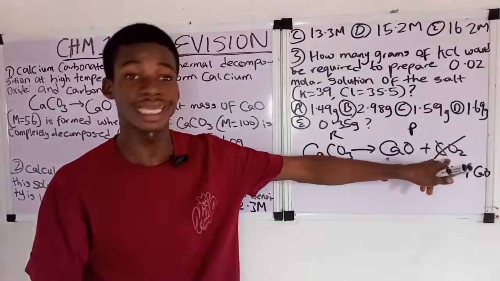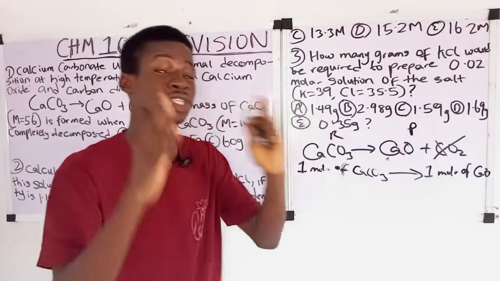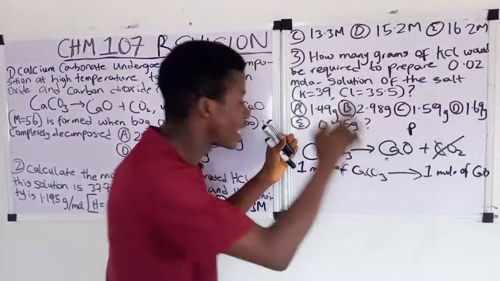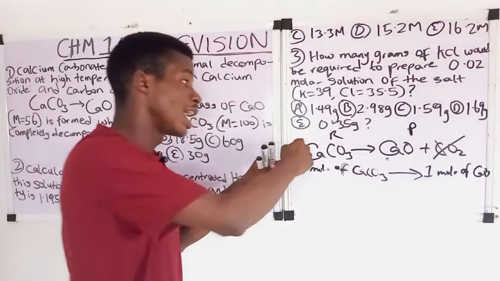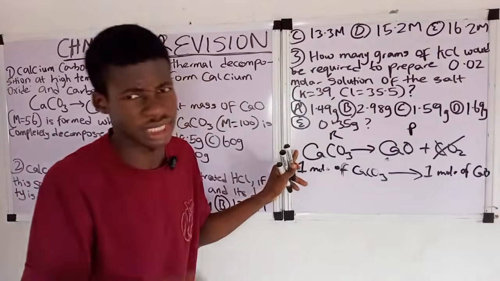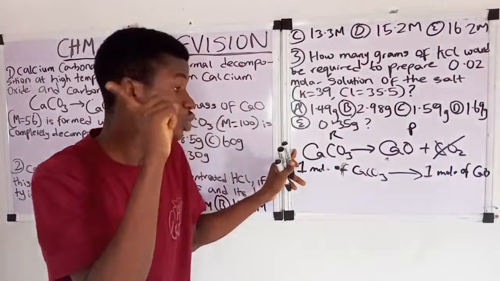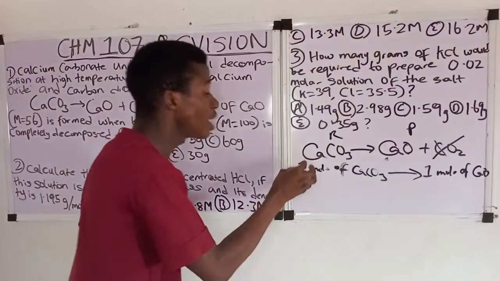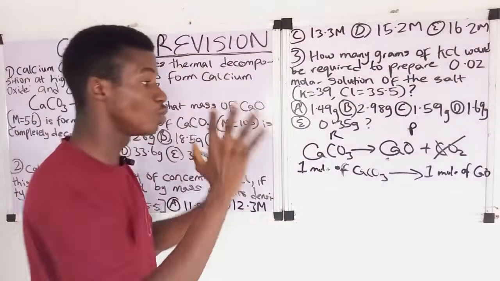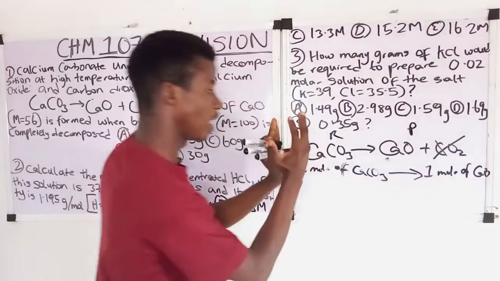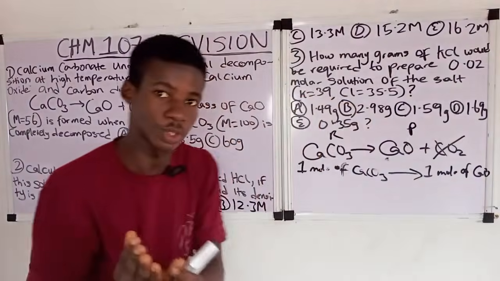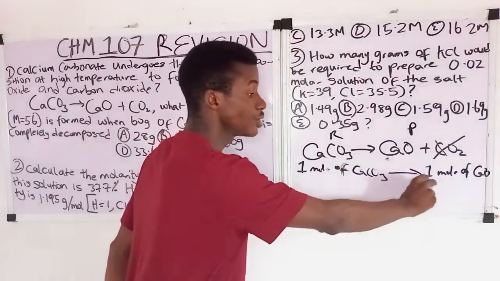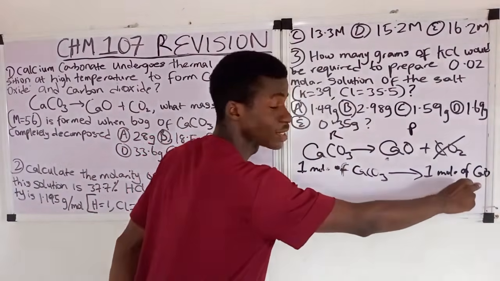We neglect carbon dioxide because in the question the relationship is just between calcium carbonate and calcium oxide. If we are using mole to mole relationship, we relate the moles of the reactant with the moles of the product. So 1 mole of calcium carbonate produces 1 mole of calcium oxide, right?